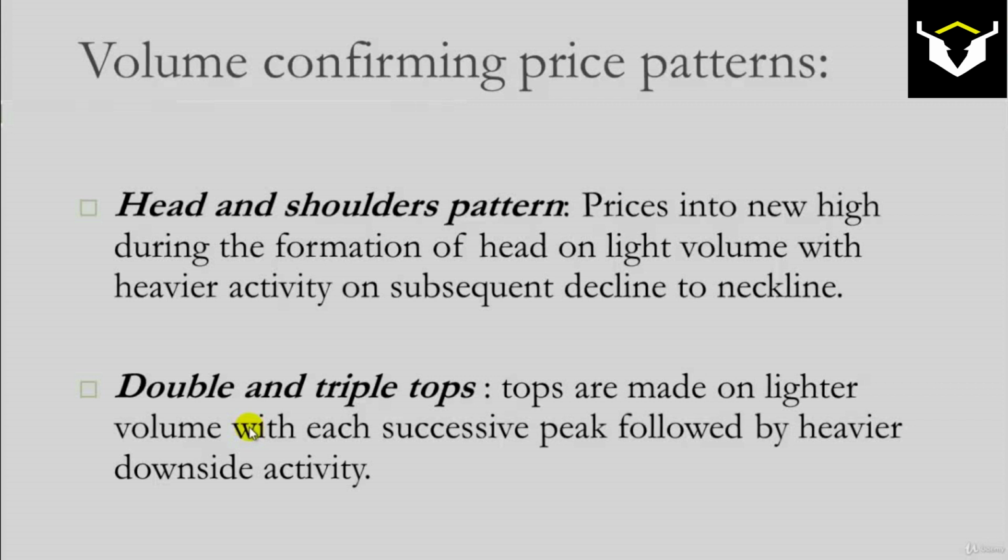Similarly, double and triple tops are made on lighter volume, with each successive peak followed by heavy downside activity. So in double and triple tops, every peak is made on light volumes, whereas volume increases once prices change their direction towards the downside.